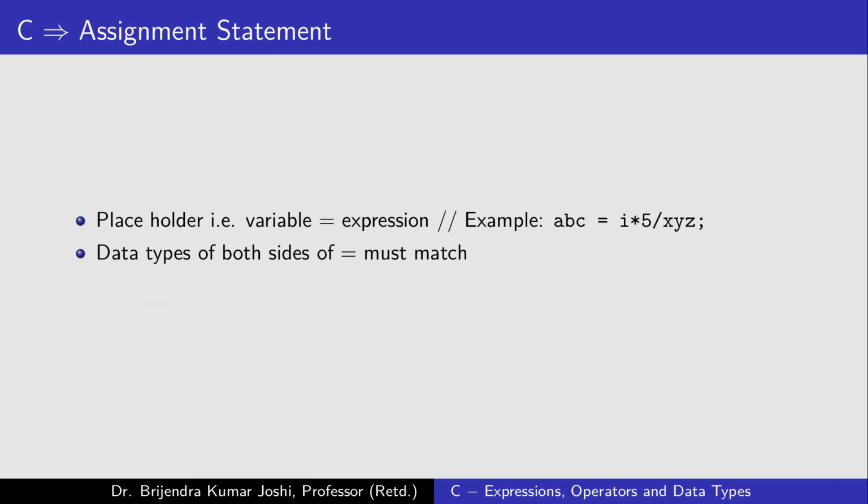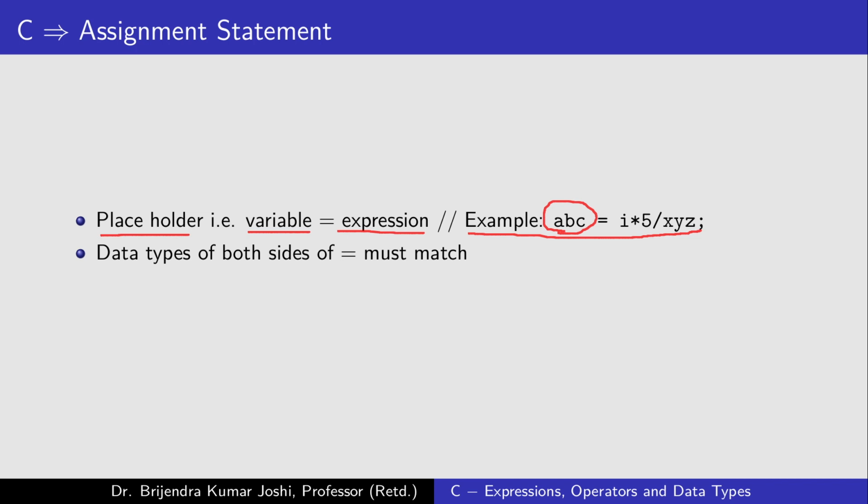Now let us see the simplest possible statement, which is referred to as an assignment statement. What is required is a placeholder, that is, the name of a variable which has been declared, which occupies some space, then the assignment operator followed by some expression. For example, we can write ABC = i * 5 / xyz; It means ABC must have been the name of a variable of some type.